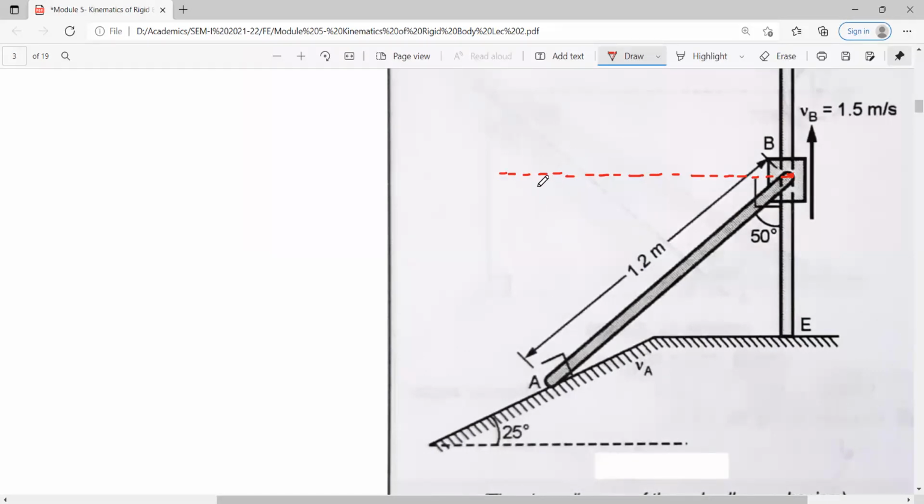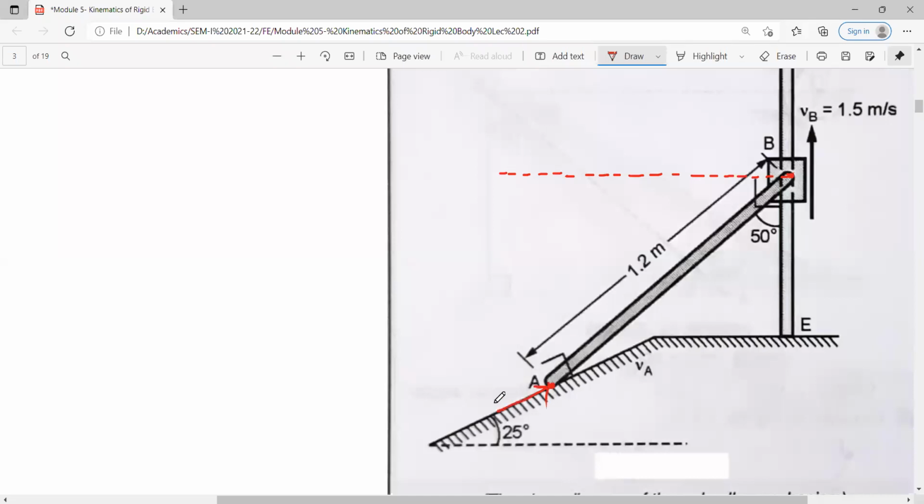Next, we also need one more line, and for that we should know the velocity direction of any other point. Like we know the velocity of point B, similarly we also know in which direction point A is moving. Point A is at the point of contact between rod and surface, and it will be moving along the inclined plane in this direction.